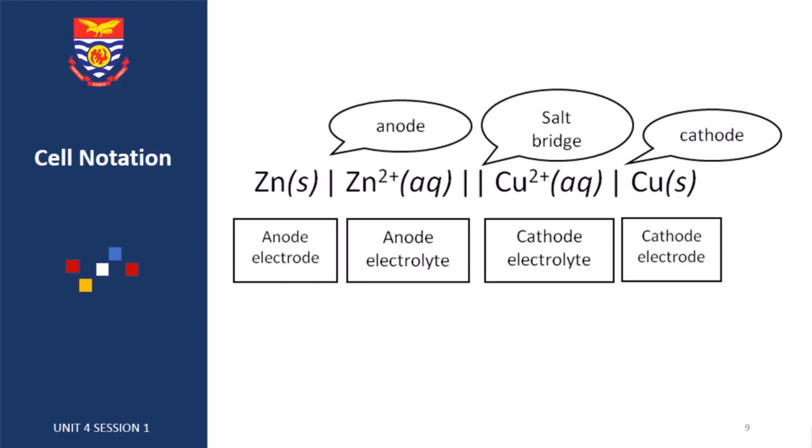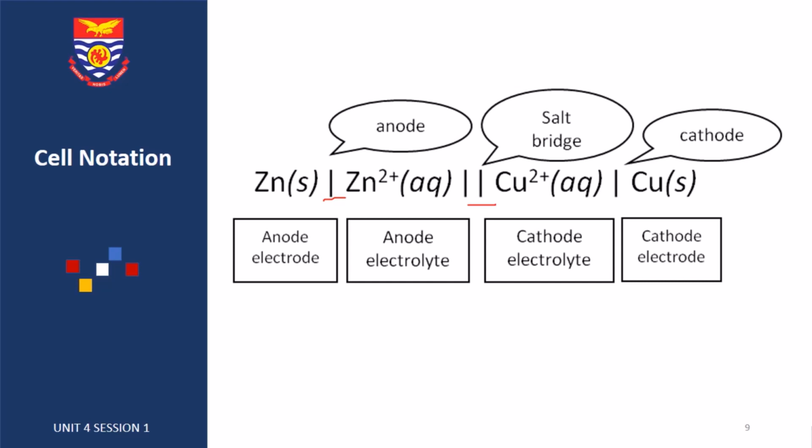So the single line differentiates the phases, and then the double line indicates the salt bridge, or it separates the two half reactions. So this is just separating the phases, and this is separating the two half reactions.